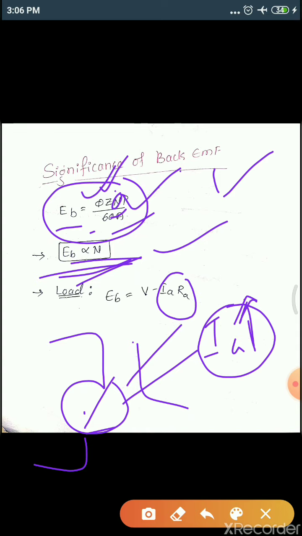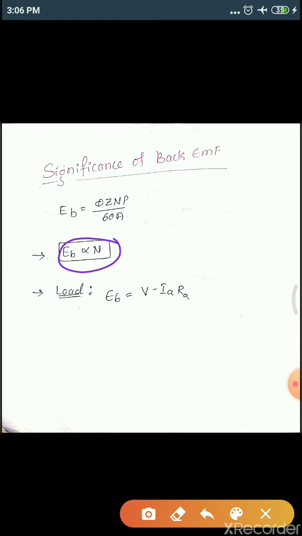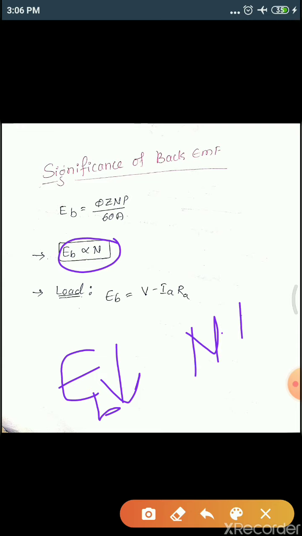So the difference V minus IaRa goes on decreasing, meaning Eb decreases. As we know, Eb is directly proportional to N, so as Eb decreases, the speed of the machine also starts decreasing.